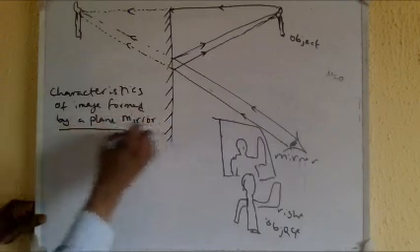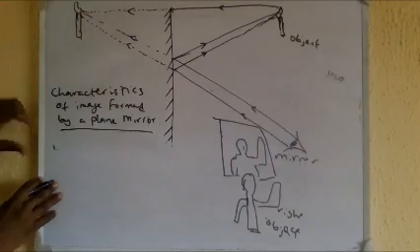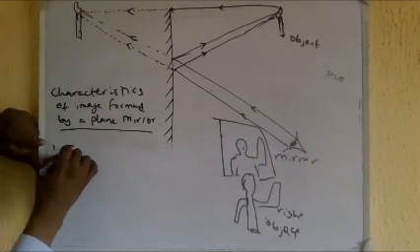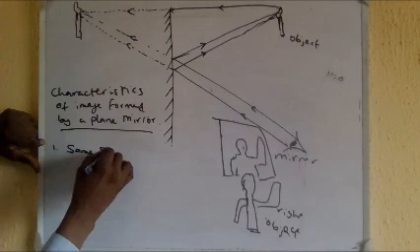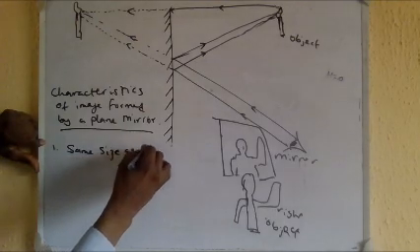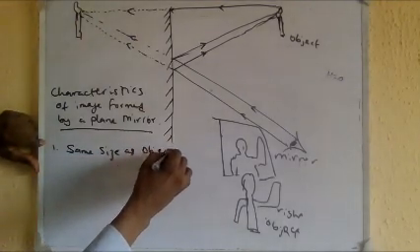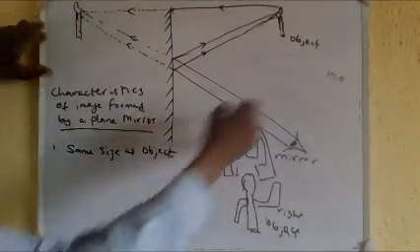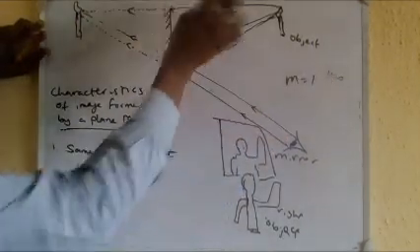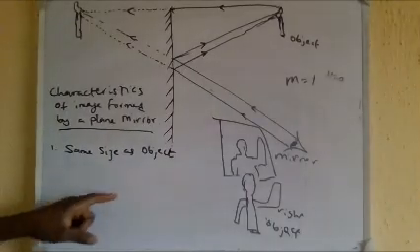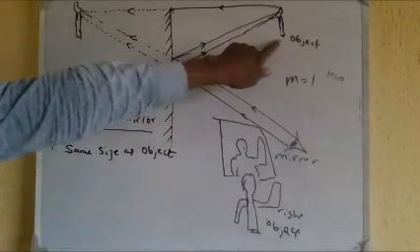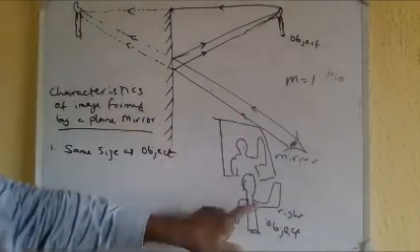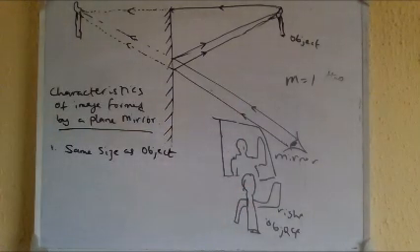Number one, it is the same size as the object. So what does that do to magnification? Magnification is 1 for a plane mirror. So the image and the object are the same size. So if you are standing in front of a mirror, it is the same size. That's a plane mirror. If you have a concave or convex mirror, that's a different thing. We're going to be studying those kinds of mirrors later.